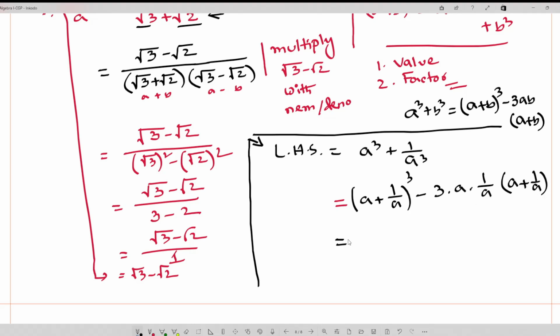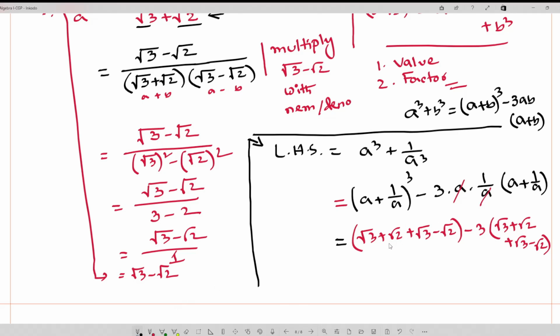Okay. Now, we already have the values of a and 1 by a. A means root 3 plus root 2, plus 1 by a means root 3 minus root 2, and here a and a out, minus 3. Again we will write here root 3 plus root 2 plus root 3 minus root 2.